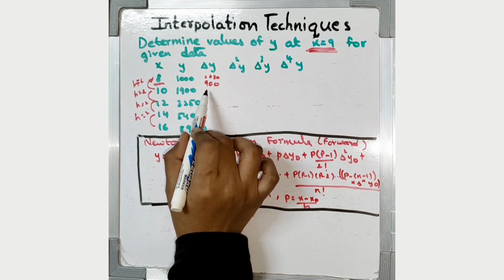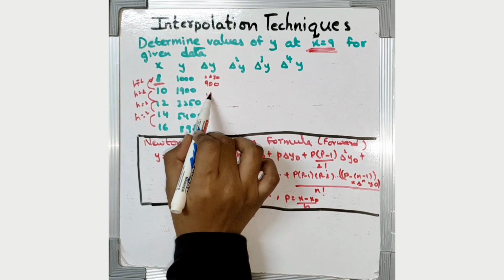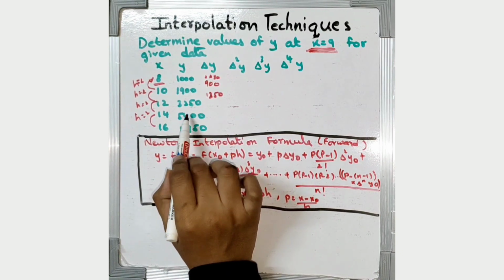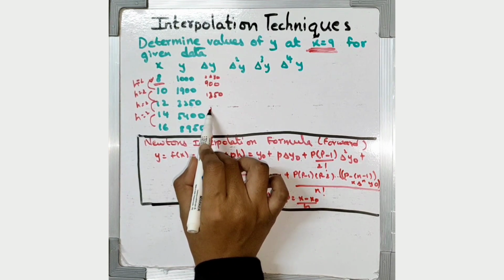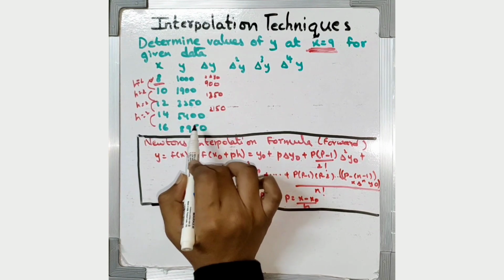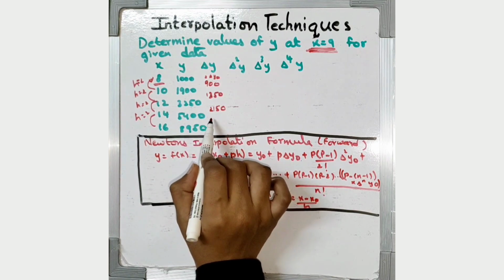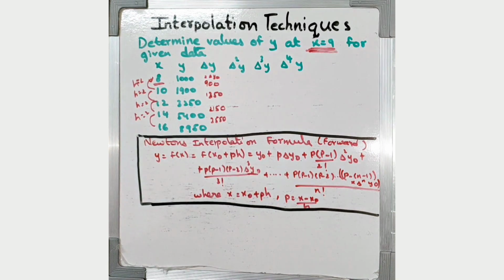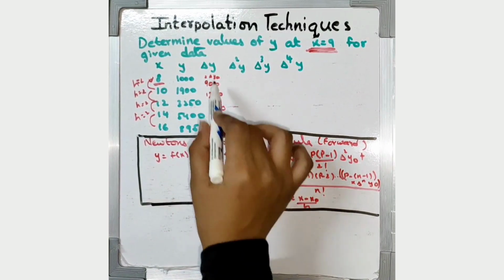Again, the second one, 3250 minus 900, which equals 1350. Again, 5400 minus 3250, which equals 2150. Again, 8950 minus 5400, which is 3550. So these are the values of our first forward difference.